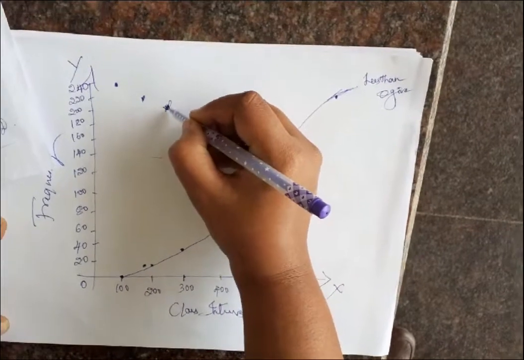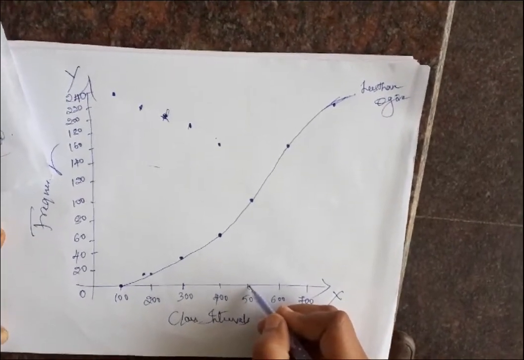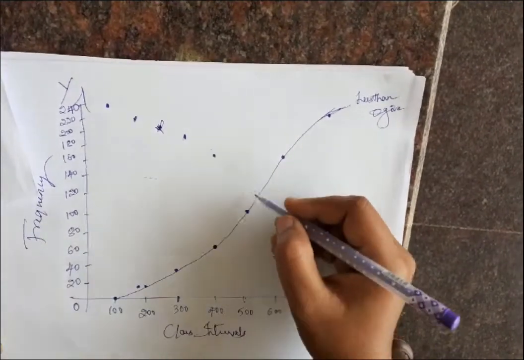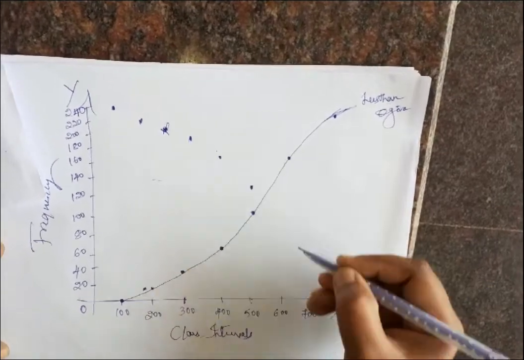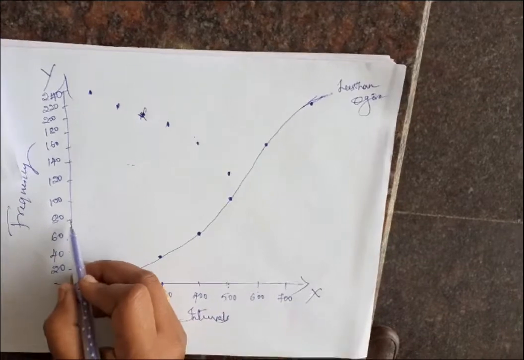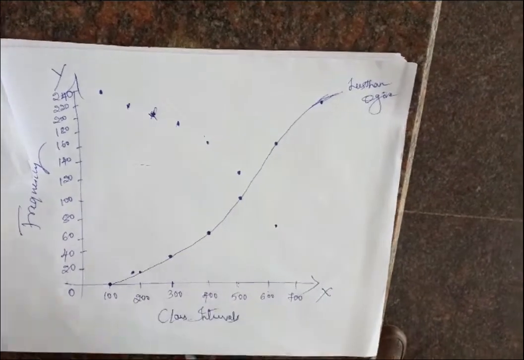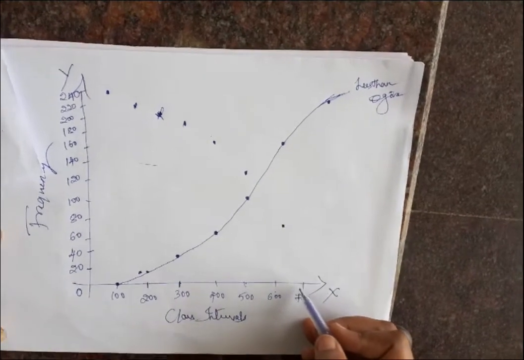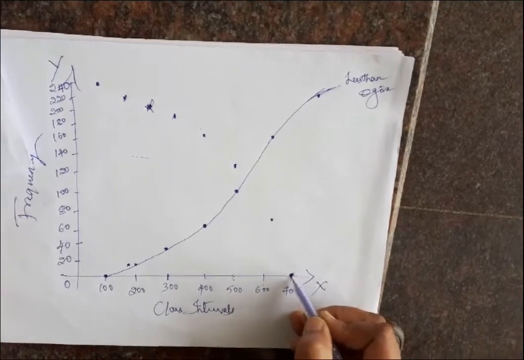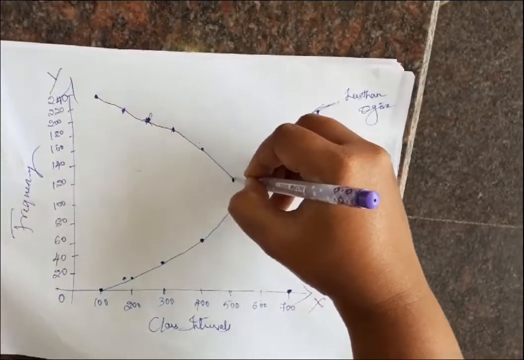You can use graph paper so that you will get the exact value. For 500 it is 138, so 138 will come. Then for 600 we have 78 here. Then for 700 we have 0, so 0 comes here. So this is the more than ogive, and you have to connect these points.